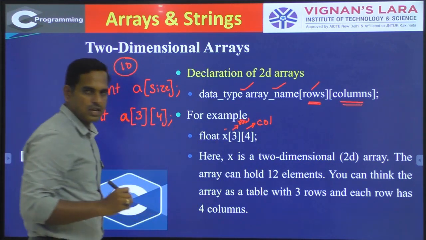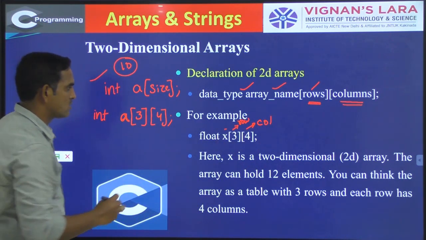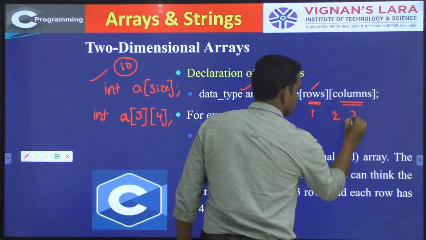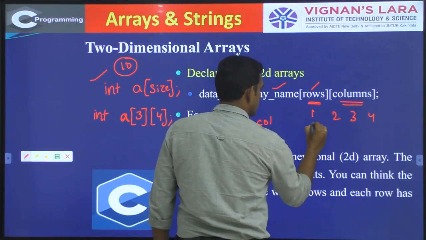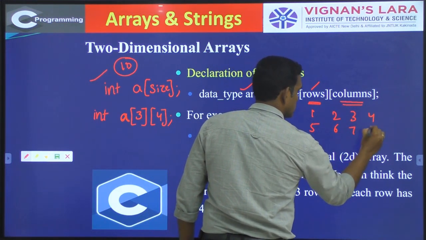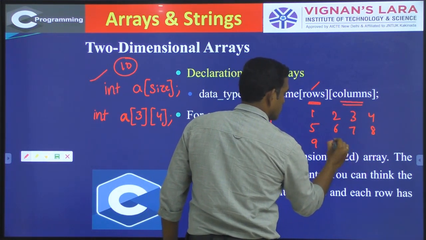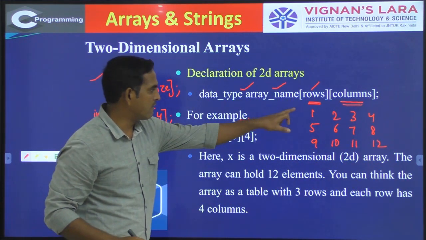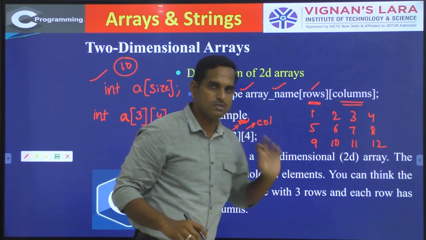This will be the rows and this will be the columns. If you take a 3x4 matrix, you have 3 rows and 4 columns.